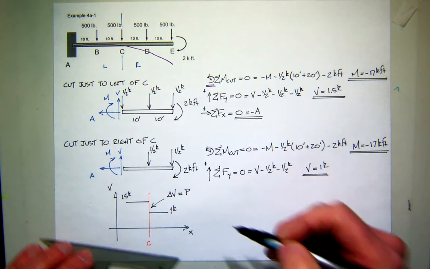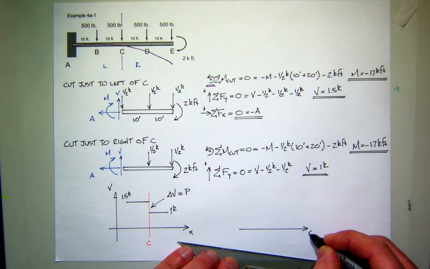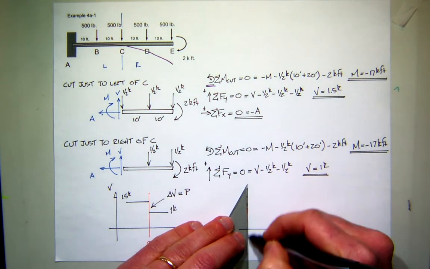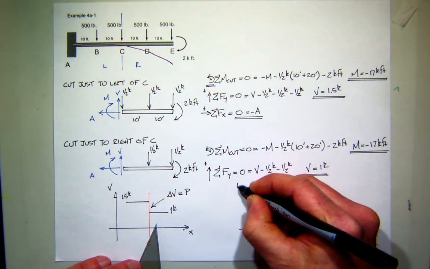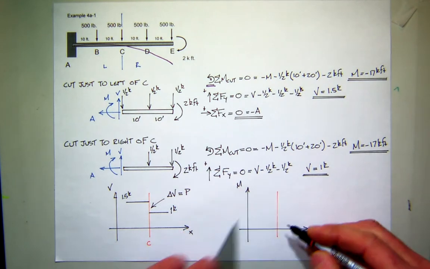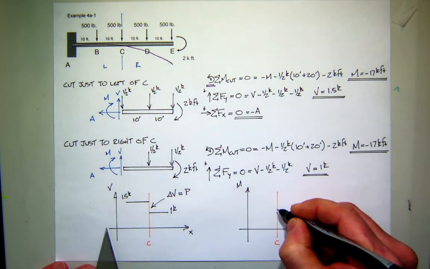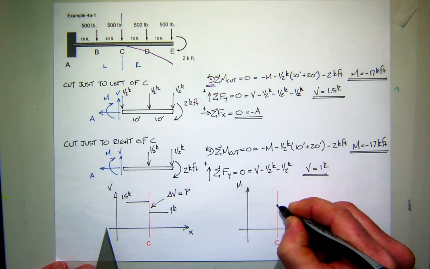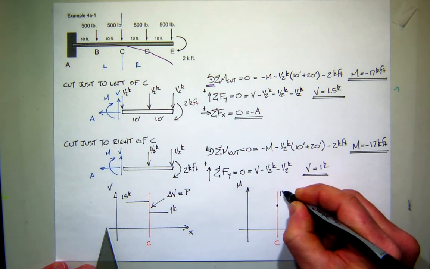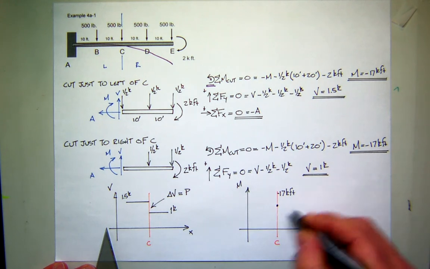You see that? Now, if I were to plot the moment, and granted, we don't know a lot about this yet, just to give you something to think about. We know at point C, what's the value of the moment? It's still 17. Actually, it's negative 17. I probably should have drawn this on the negative side.